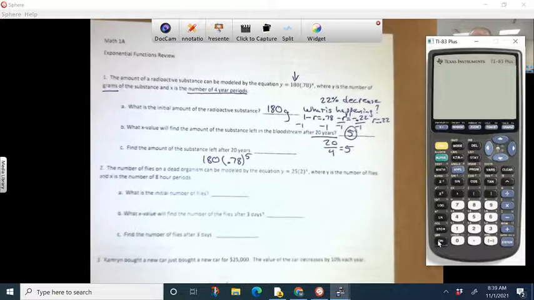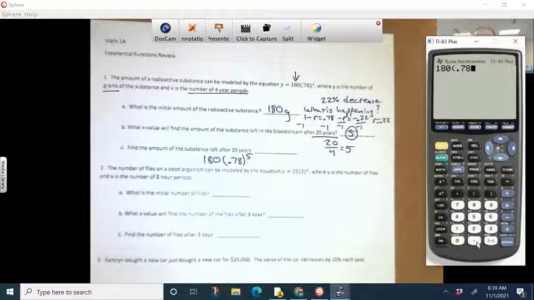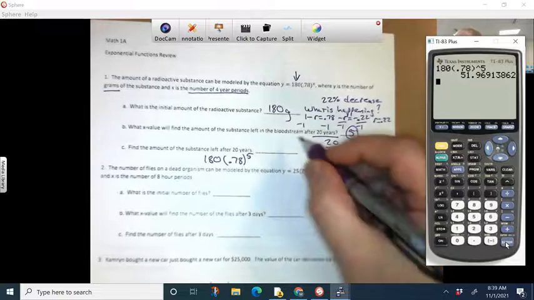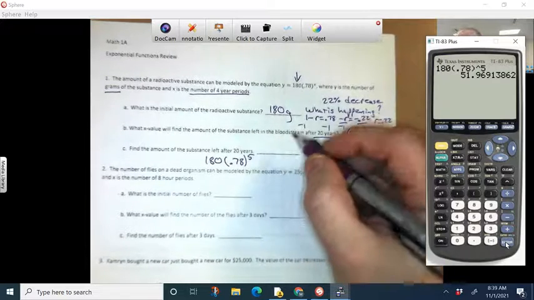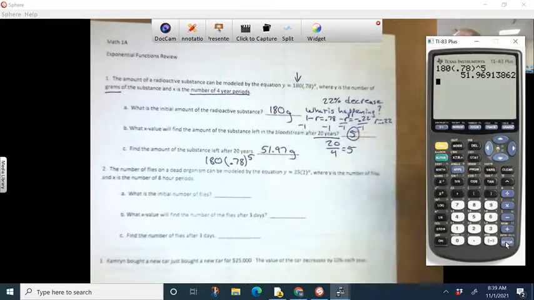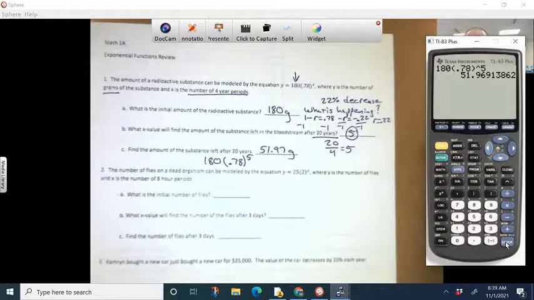So I have 180 times 0.78 to the 5th. And so I would have 51.97 grams. I always round to 2 decimal places.